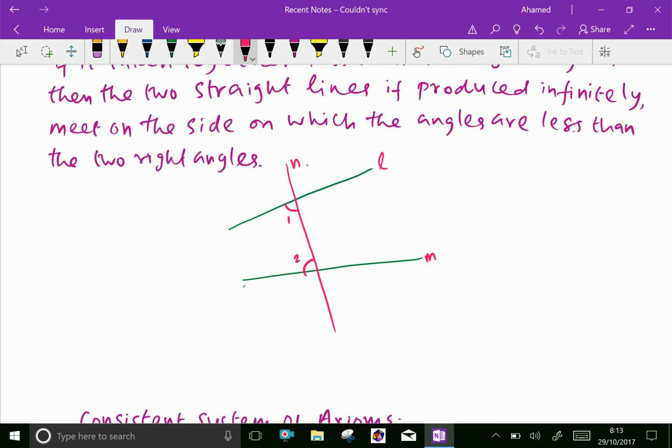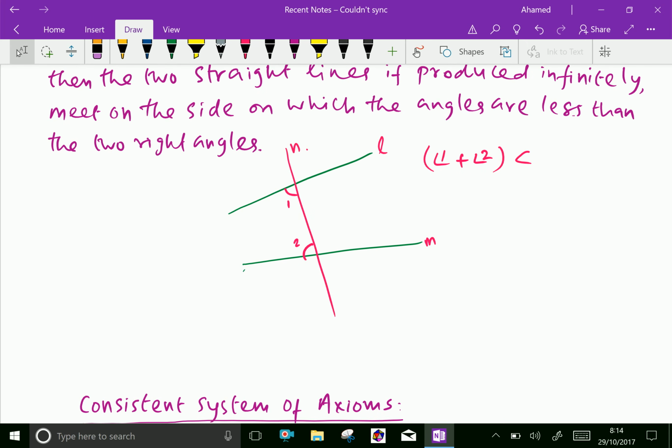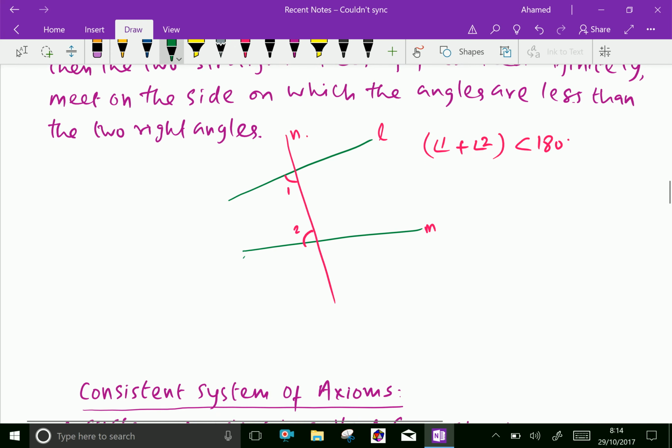Here angle 1 plus angle 2 is less than 180 degrees. Then on that side, the lines extended on the left side might meet somewhere in the extension. At the same time, on the right side of line L, they never meet.